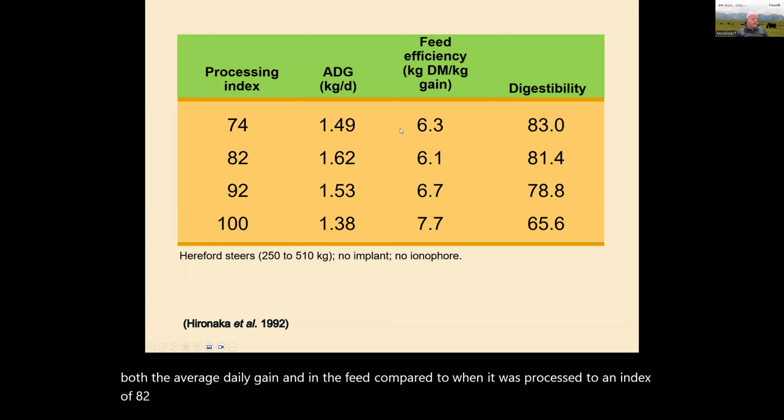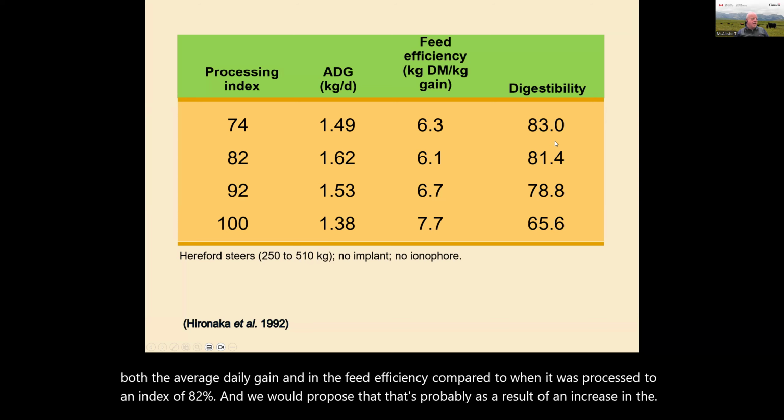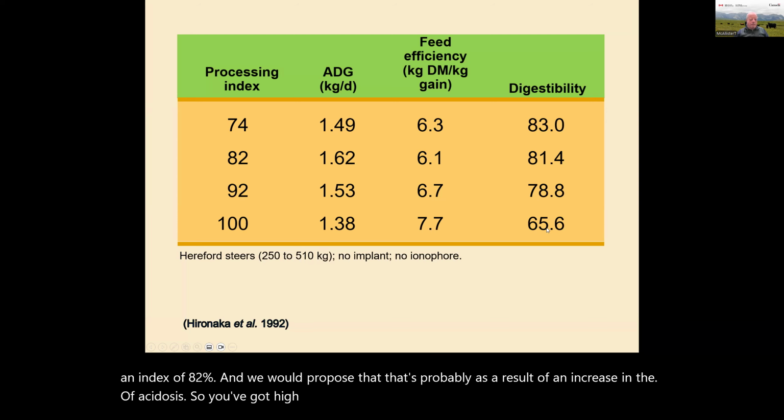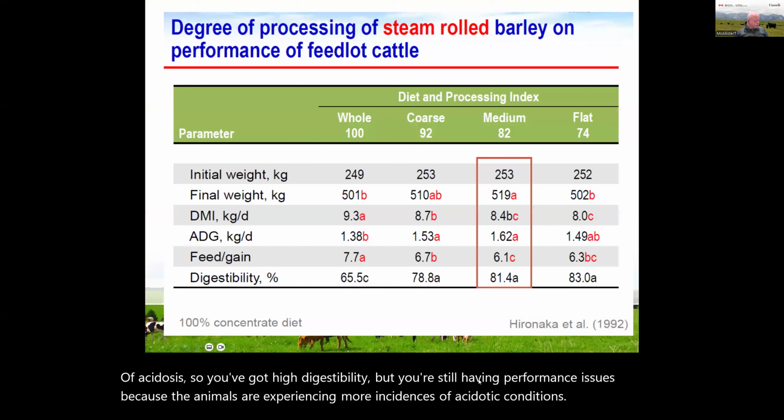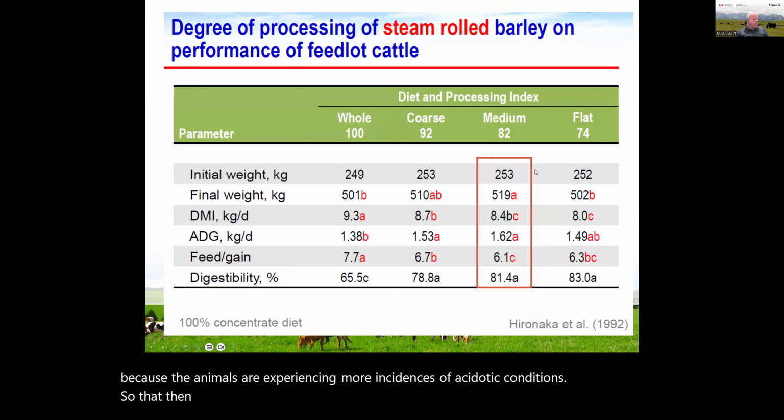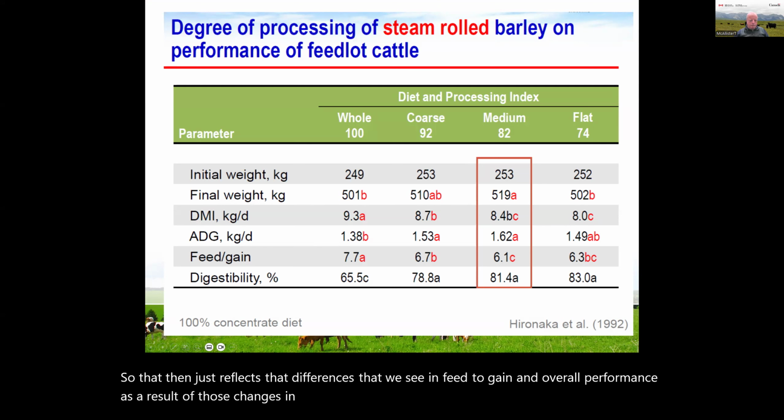And we would propose that that's probably as a result of an increase in the incidence of acidosis. So you've got high digestibility, but you're still having performance issues because the animals are experiencing more incidences of acidotic conditions. So that reflects the differences that we see in feed to gain and overall performance as a result of those changes in digestibility.